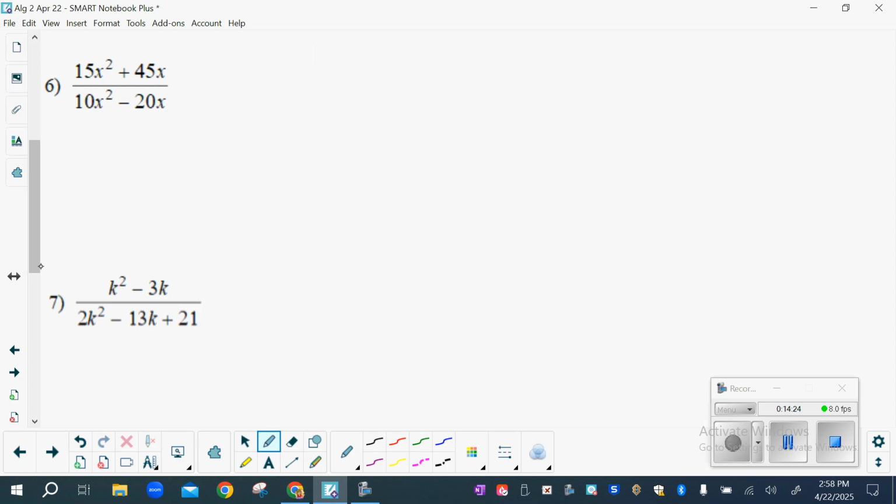How do I factor the numerator on number 6? You want to factor our greatest common factor. There's actually something bigger than 5x. 15x. Yeah, 15x.